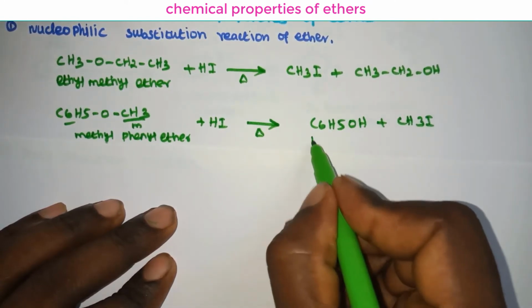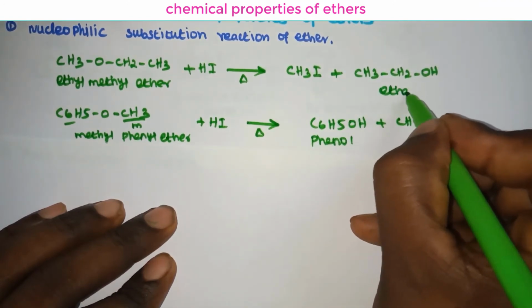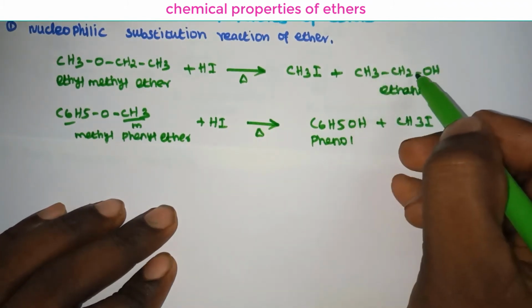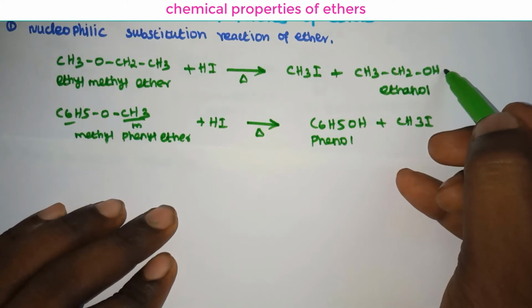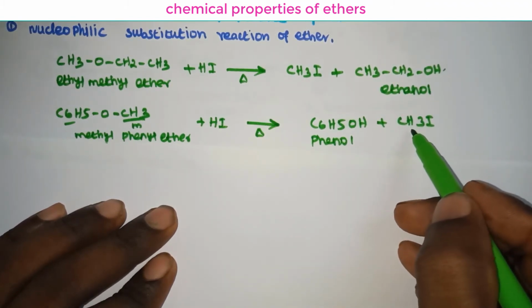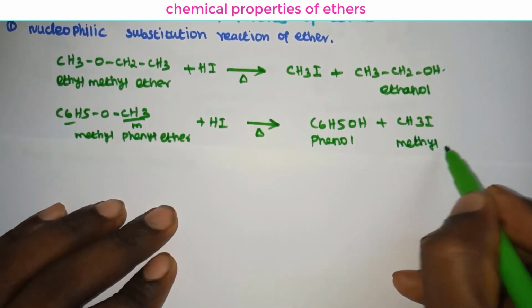This is phenol. Ethanol is the IUPAC name of CH3CH2OH, and its common name is ethyl alcohol. CH3I is methyl iodide.